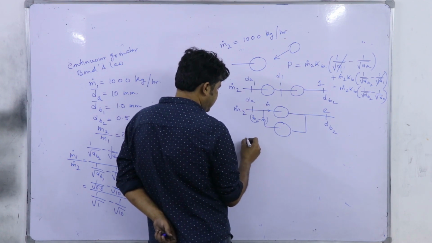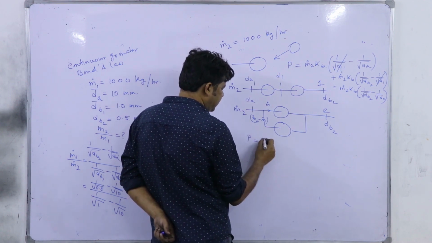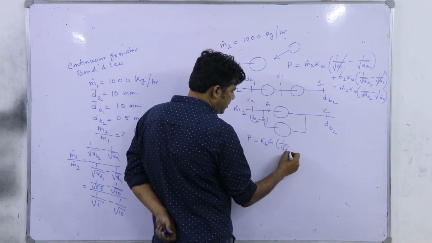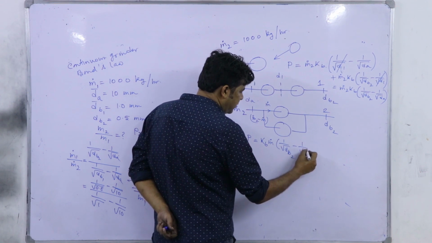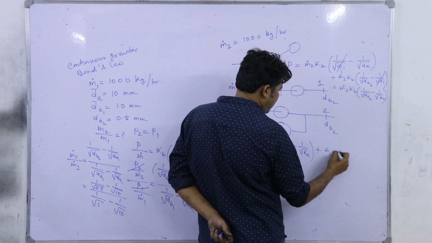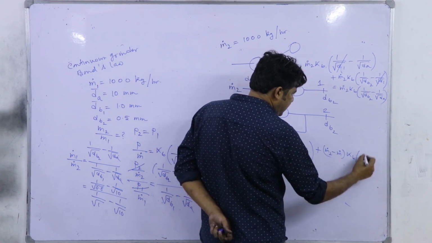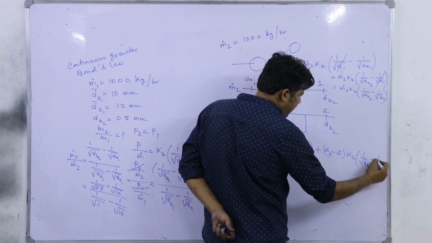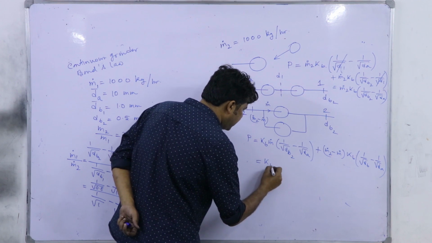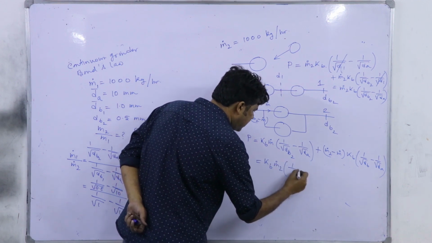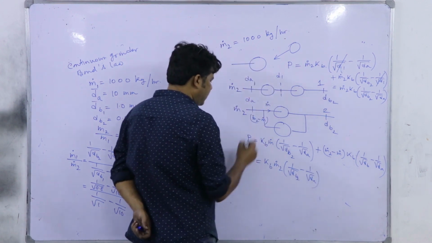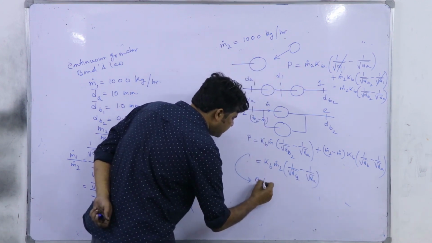And total power is Kb into m dot into 1 by under root of dB2 minus 1 by under root of dA, plus m2 dot minus m dot Kb into 1 by under root of dB minus 1 by under root of dA. So basically it's cancelling out, giving Kb into m2 dot into 1 by under root of dB2 minus 1 by under root of dA. So our conclusion is both consume the same power.